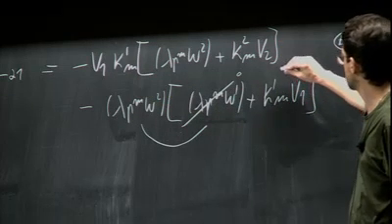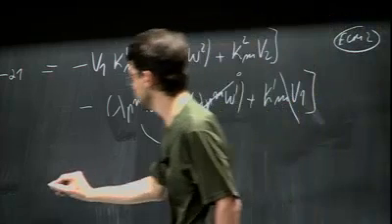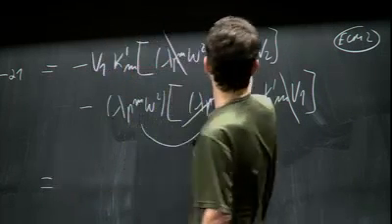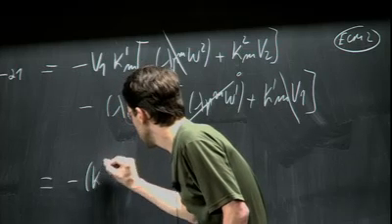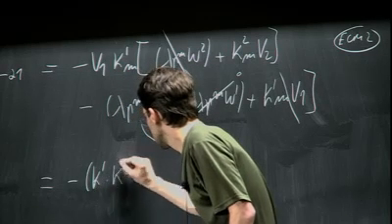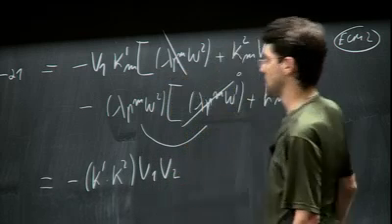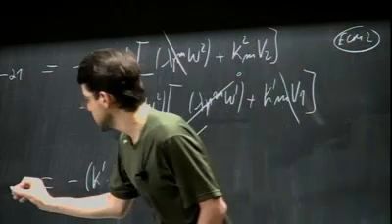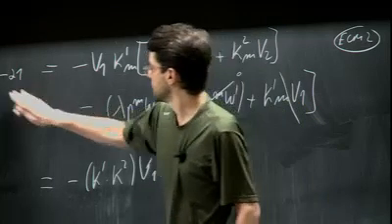So you cancel this with that, and what you get in the end is momentum 1 minus momentum 1 momentum 2 V1 V2. Whoa, okay, so this looks nice, right?